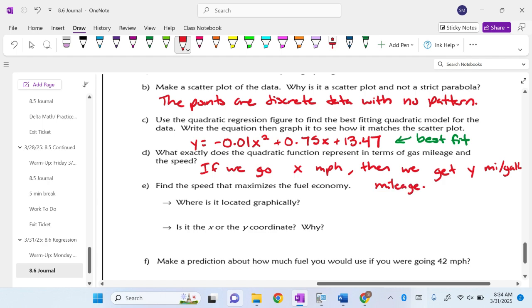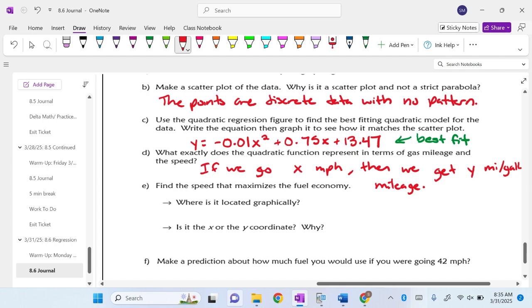So basically, a lot of you probably don't have your driver's license yet, but you have at least taken driver's ed. So you guys know about the mileage of a car, right? Like the gas mileage. The better the mileage, the more money you save on gas. So you want a car that has decent mileage, because it's saying if we're going this speed, this is how much gas we're using.